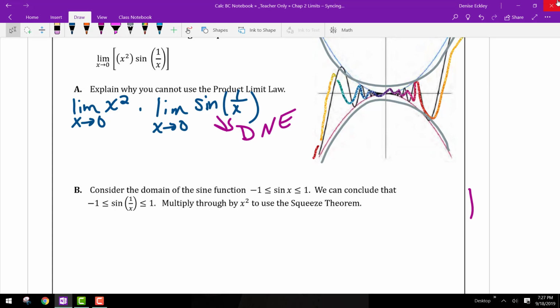It doesn't matter what x you put in there, we get a y value somewhere between -1 and 1. That's the way the sine function looks. So we can conclude, putting any x in there, that the sine of 1 over x also has to be between those two values. So we can start with that idea.